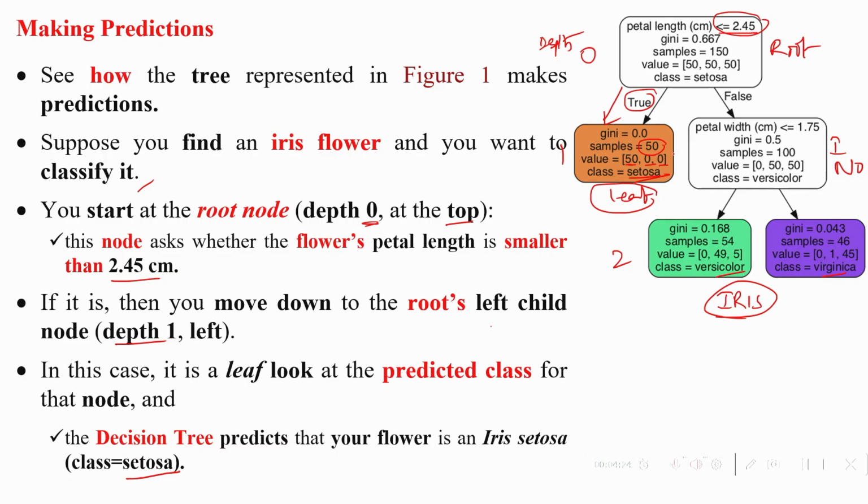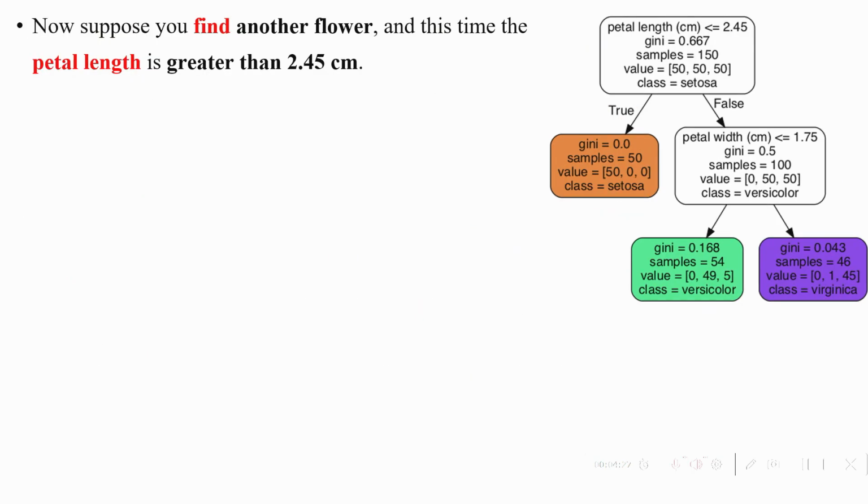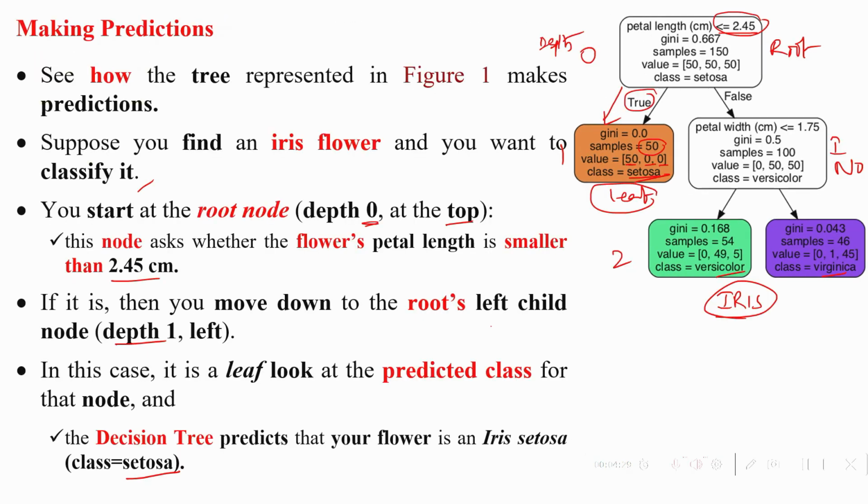Here the Gini value is 0, which means all the elements in this node belong to Setosa only. That's why this node is called a pure node. There is no impurity, and based on the Gini value we can find that it is a pure node.